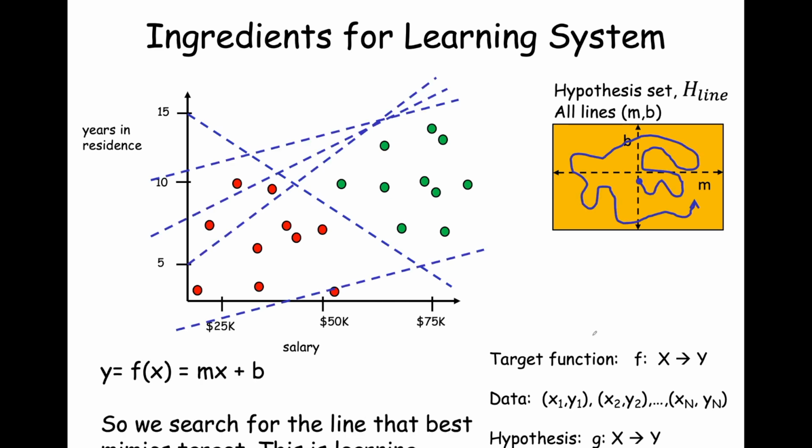If we were enterprising and searched for the line that best mimics the target function, this is exactly what learning is. As we consider different lines, or choices of slope m and y-intercept b, searching through our hypothesis set H subline, we traverse a twisty, turny, wandering path, searching for that final best hypothesis, the one that most closely mimics the labeling of these points by the unknown target function.